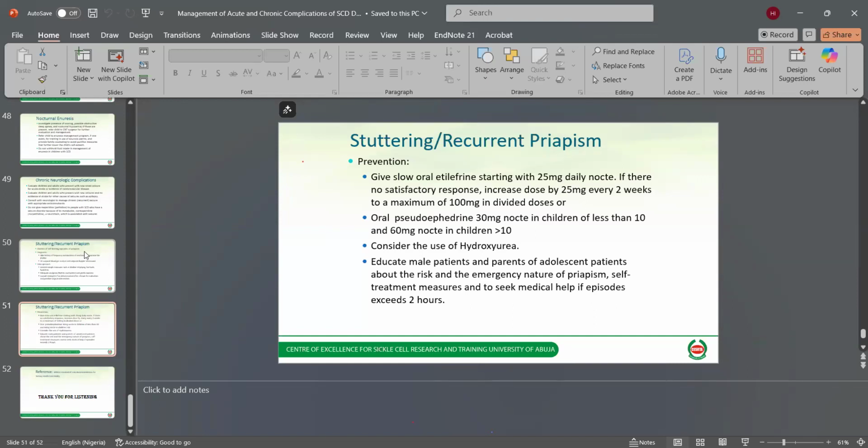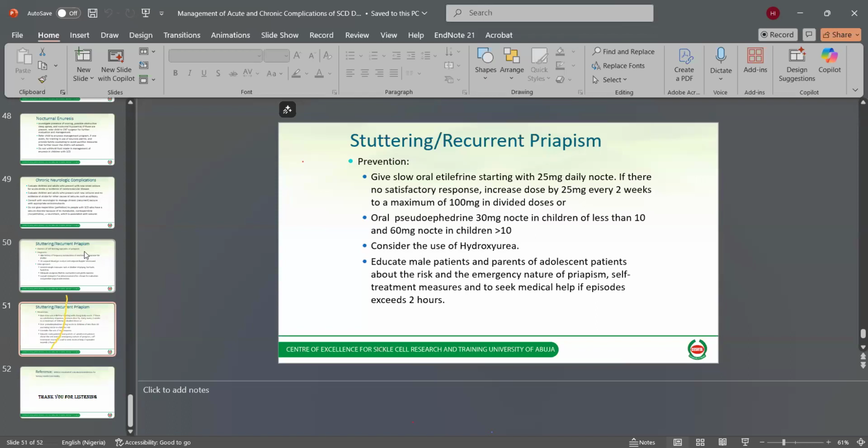Consider the use of hydroxyurea. Educate male patients and parents of adolescent patients about the risks and the emergency nature of priapism, safe treatment measures, and to seek medical help if episodes exceed 2 hours.